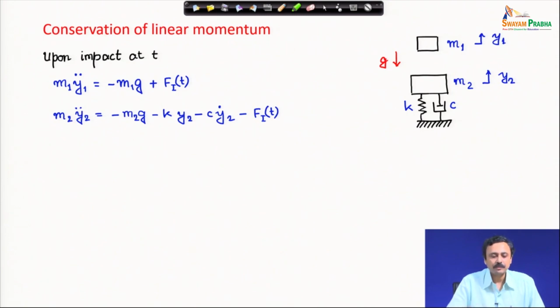These are all forces on the right hand side for this mass. This is Newton's second law, straightforward, and you have by Newton's third law a minus Fi acting on the mass point 2. In writing this, I have used Newton's third law.